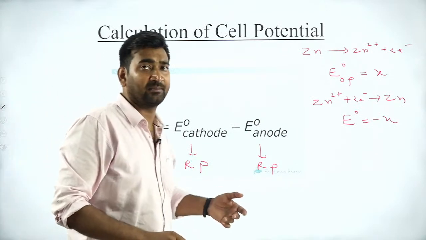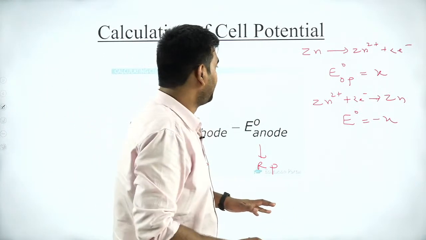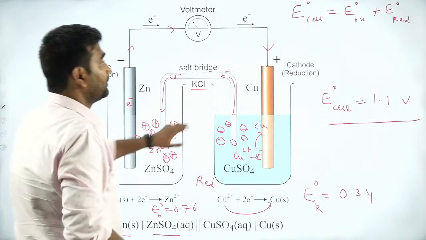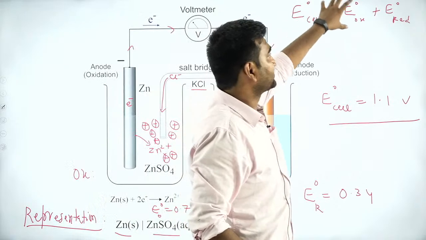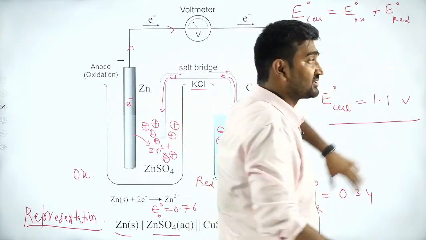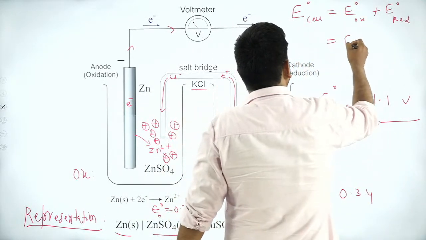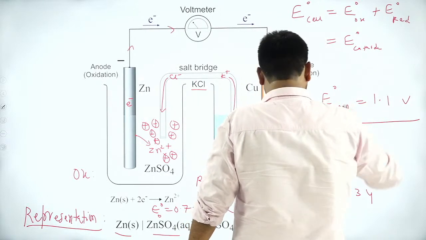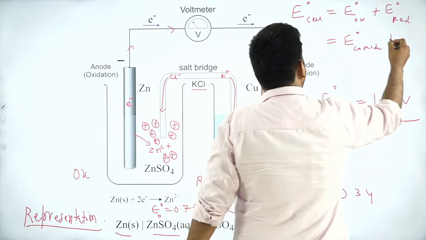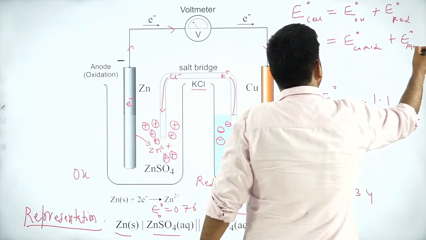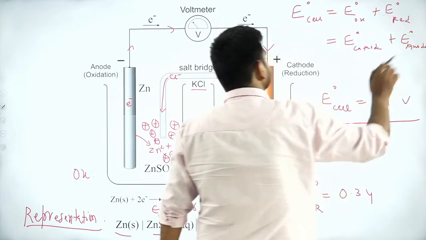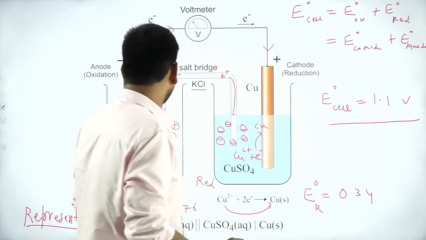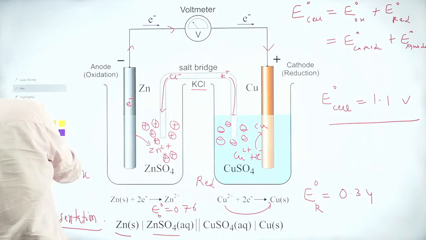Many students may get confused about the formula, but please remember the basic formula: E naught of oxidation plus E naught of reduction, which means E naught of anode plus E naught of cathode.